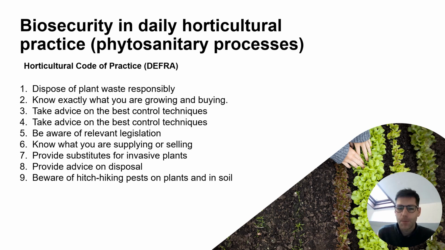Number 5, be aware of relevant legislation. So I've gone through a few bits of legislation that you should be aware of regarding non-native plants and their safe control and disposal. So see in particular Section 14 and Schedule 9 to the Wildlife and Countryside Act.